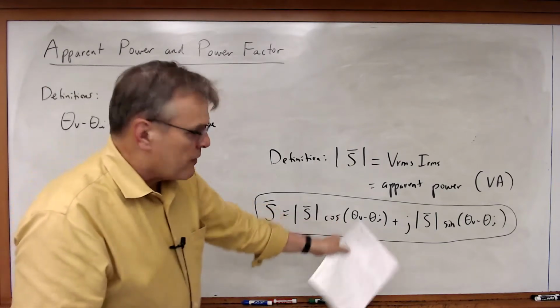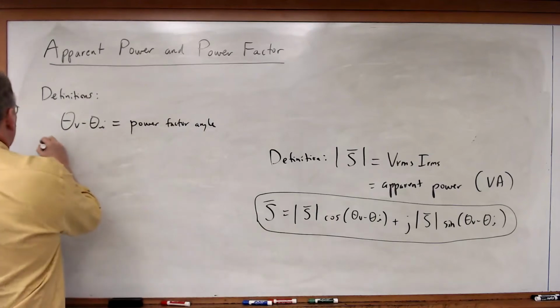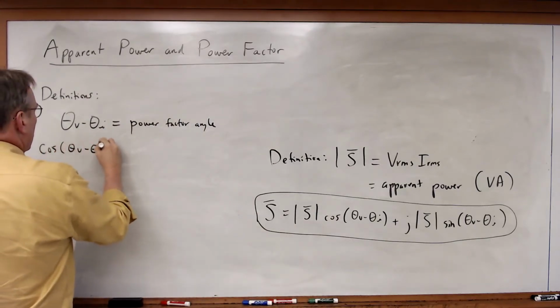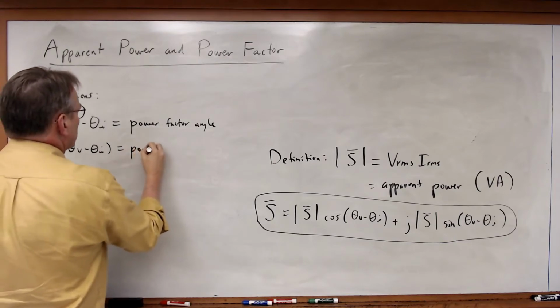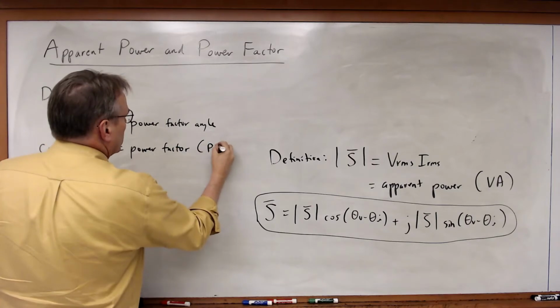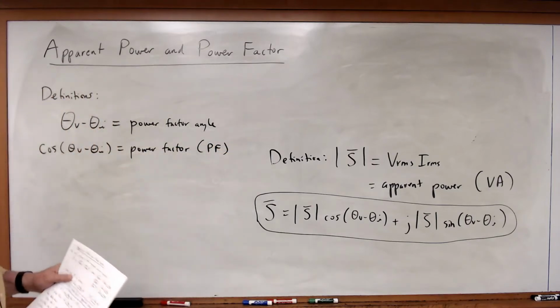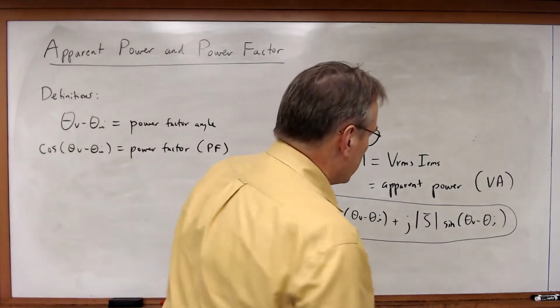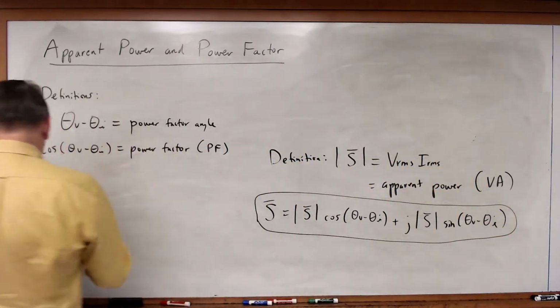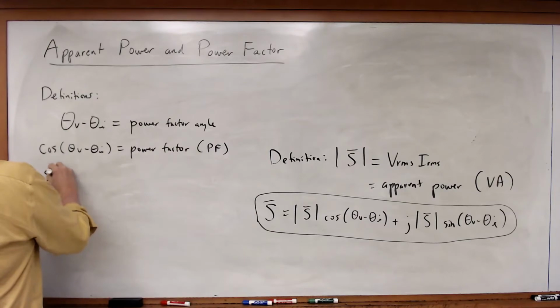The cosine of theta sub V minus theta sub I is the power factor, and we typically abbreviate that as PF. Sine of theta sub V minus theta sub I is the reactive factor.